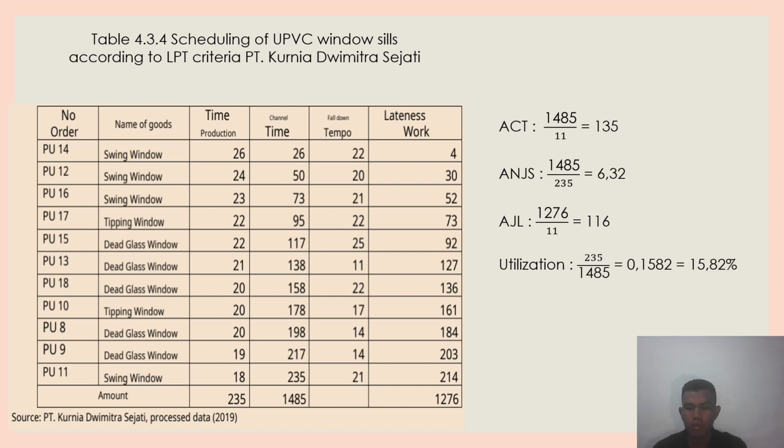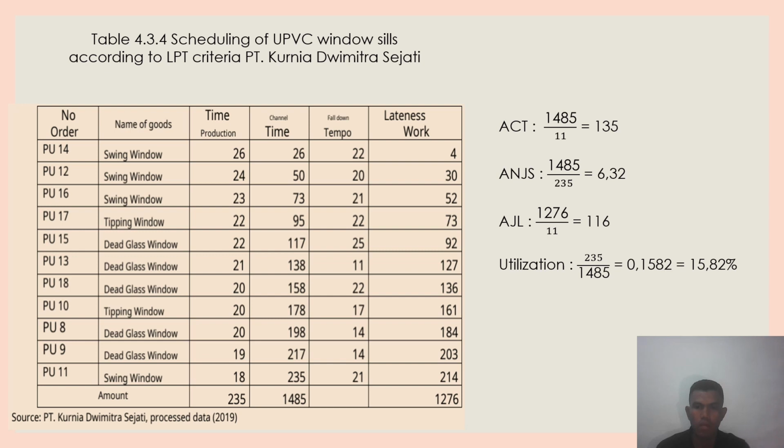In other words, the order that has the longest processing time is selected first. The method is the same as the example above. First, we sort the jobs based on the job processing time. Then, we calculate the effectiveness level using the predetermined formula. The result is as shown in this slide.